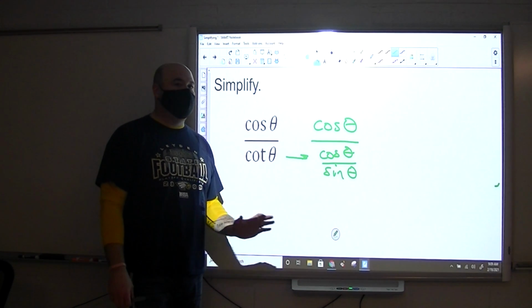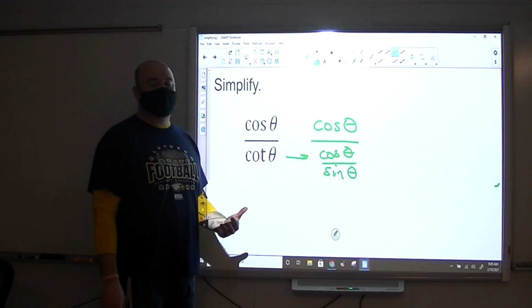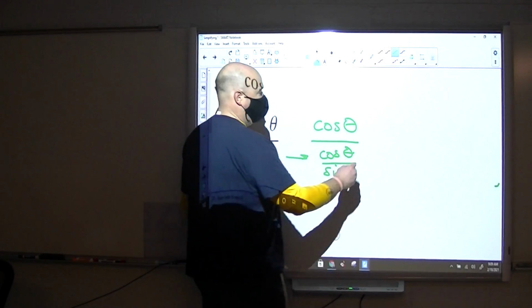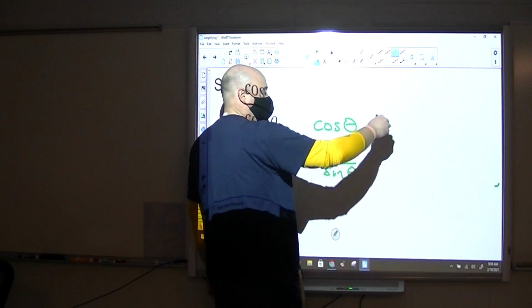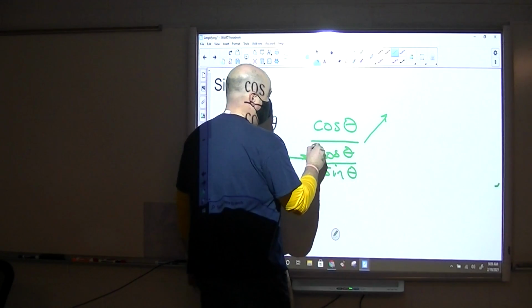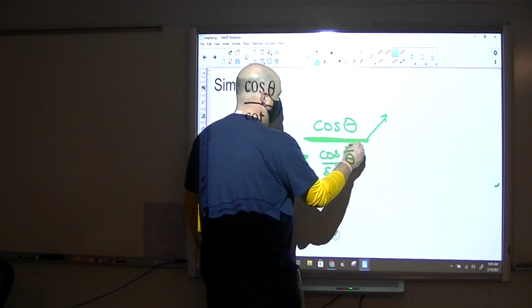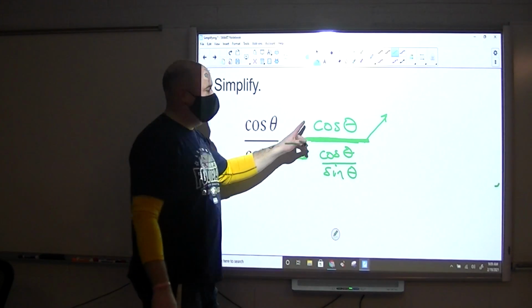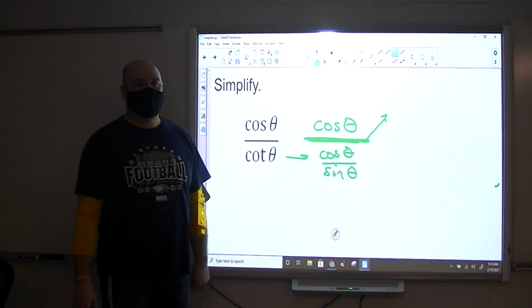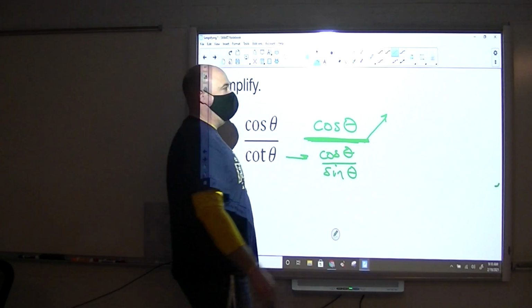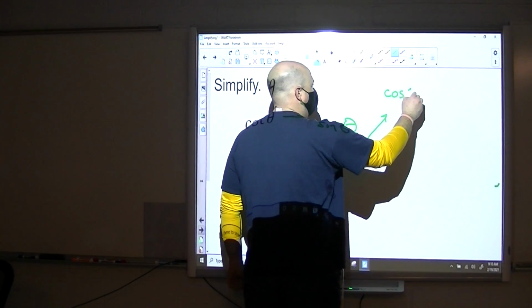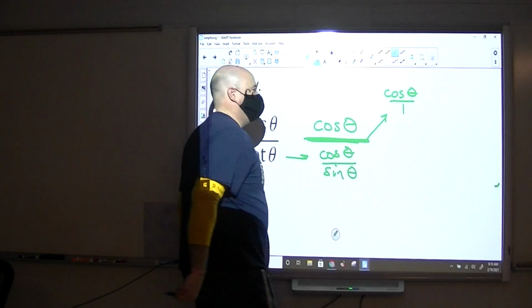But if you don't remember the shortcuts or you don't want to use the shortcuts, this is the same as, and I'm going to draw how we can do it here. We have the big fraction bar here. So we have cosine theta divided by this. But cosine theta is really cosine theta over 1.